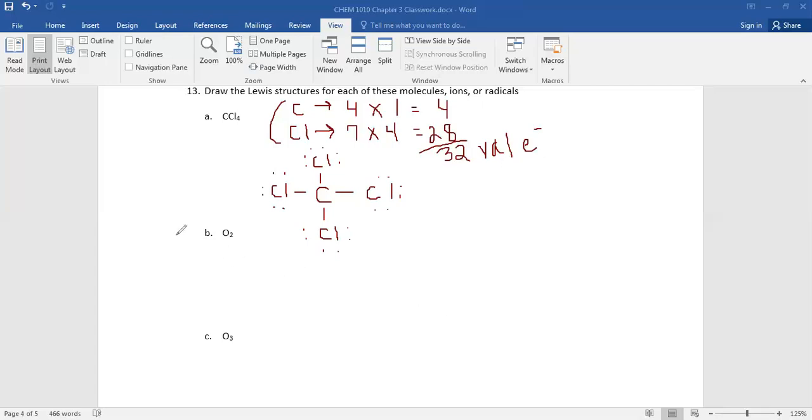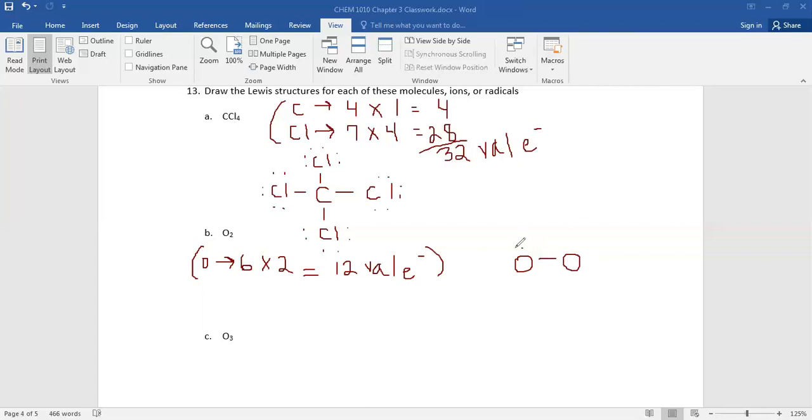Now the oxygen molecule O2. Each oxygen is in group 6, so 6 valence electrons, and you've got 2 of them. So you've got a total of 12 valence electrons. You connect each oxygen to the other with a single bond.